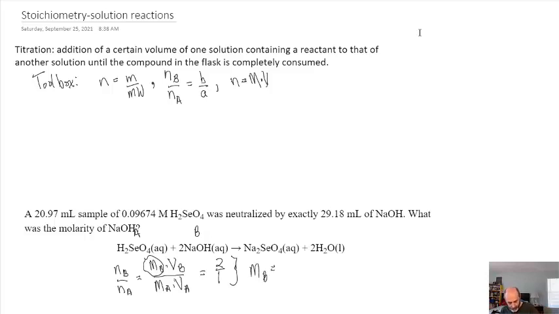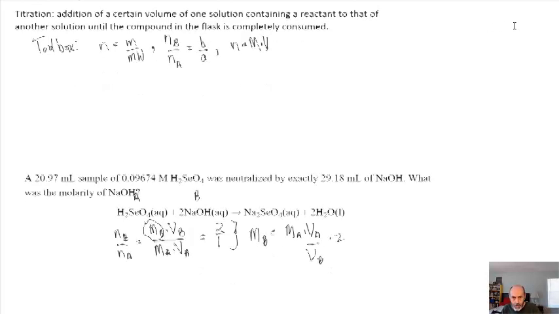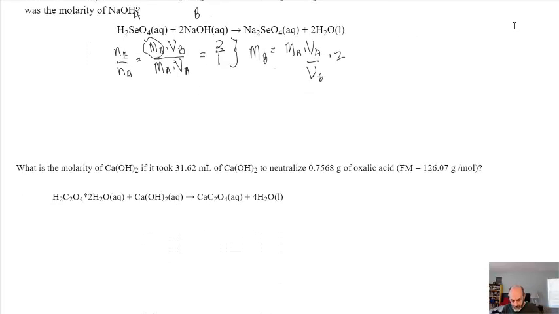So we have the molarity of the acid times the volume of the acid over the volume of the base times 2. Now we're ready to put numbers in.